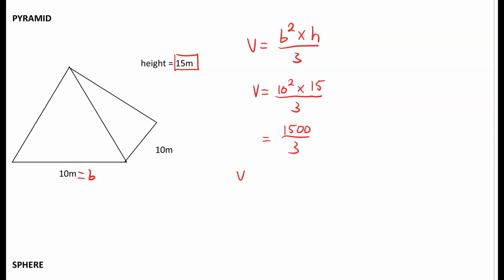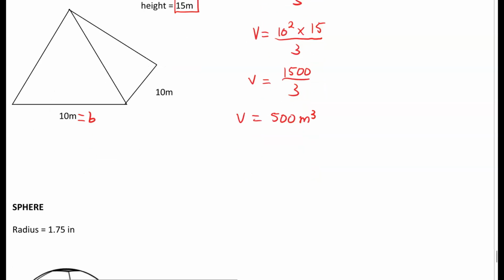Our volume is going to equal 500 meters cubed, because 1500 divided by 3 is 500, and our unit is meters, so we end up with meters cubed. I'll just add that v there.